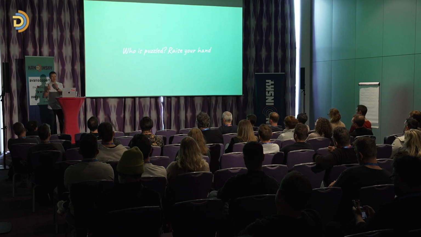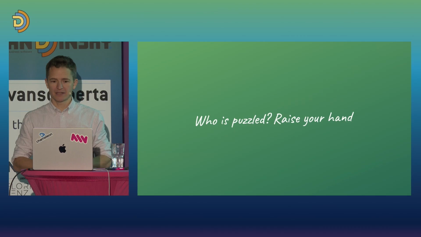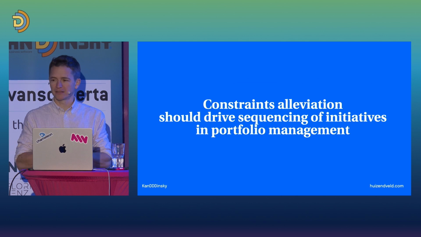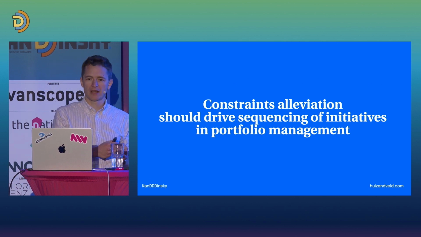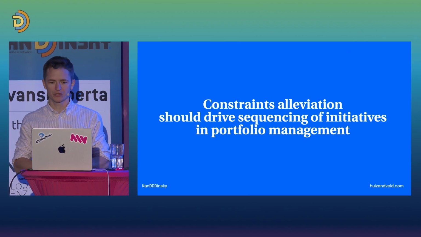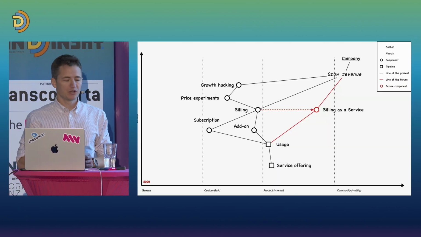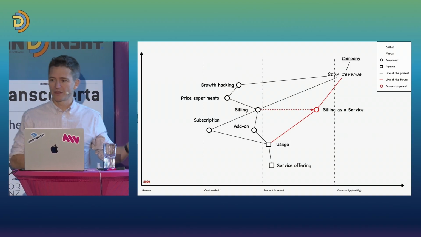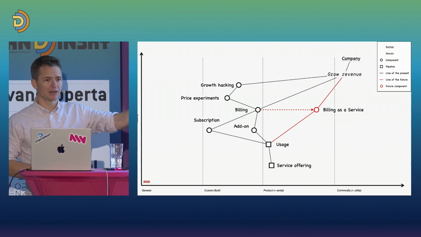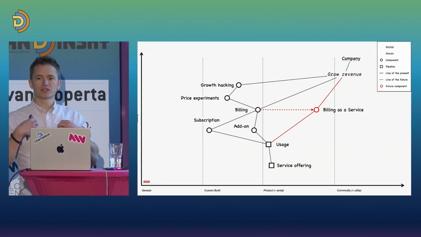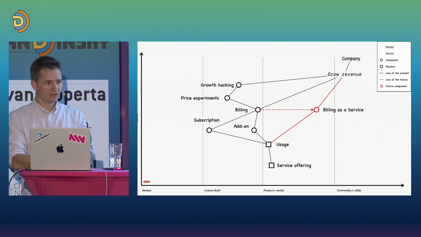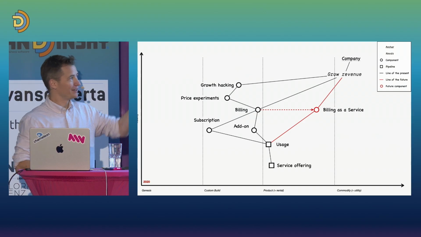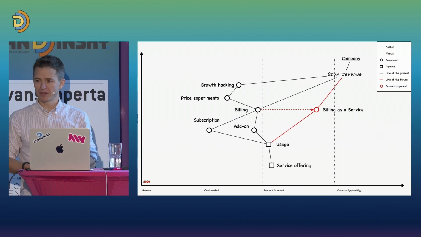So if we understand where that constraint is, then it's constraint alleviation that should drive the sequencing of initiatives in our portfolio management process, right? We should talk about the fact that this is really how we'd like it to be, without that anti-corruption layer, where we really want to be conformist to whatever model this billing-as-a-service product ships with.